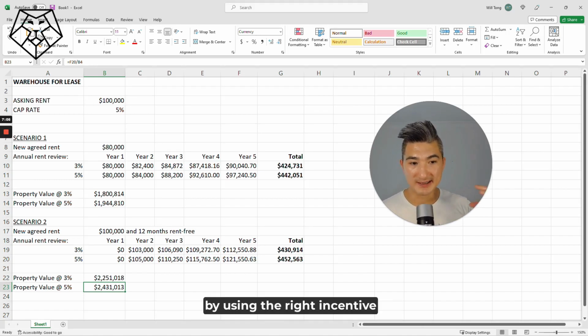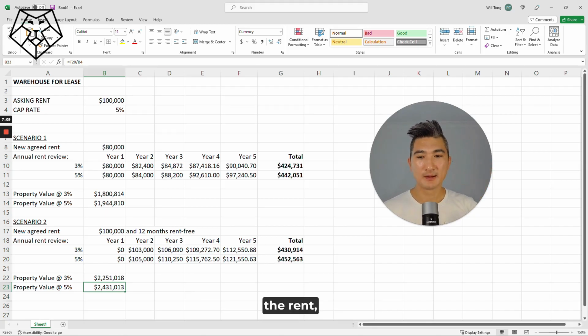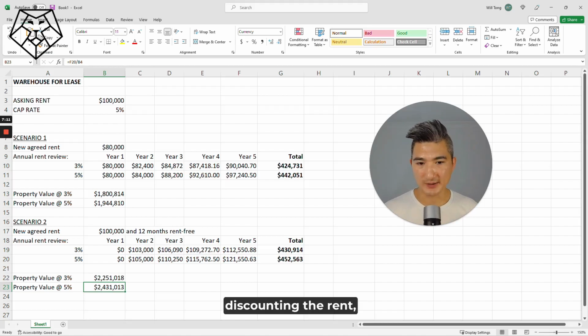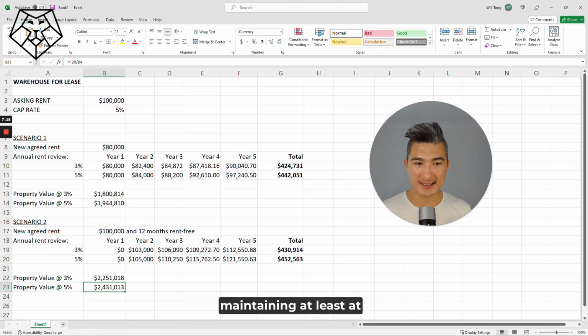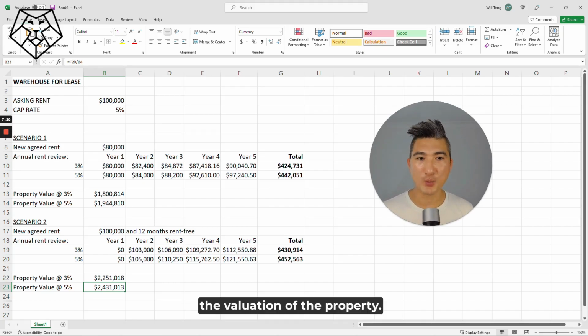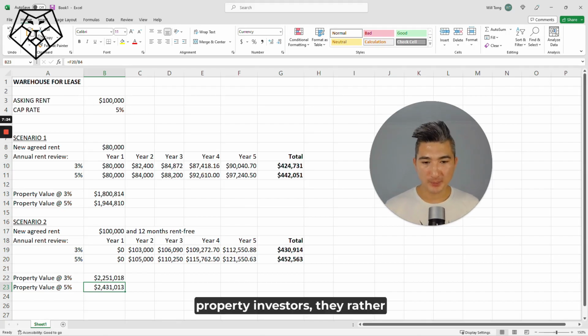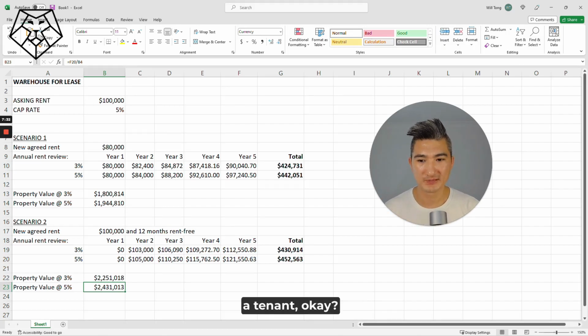And by using the right incentive structure, so rather than discounting the rent, give a rent-free period in lieu of discounting the rent, you're actually improving or maintaining, at the very, very least, the valuation of the property. So that's why you see most property investors would rather offer you a rental incentive than actually give you a discount in rent, if you're a tenant.